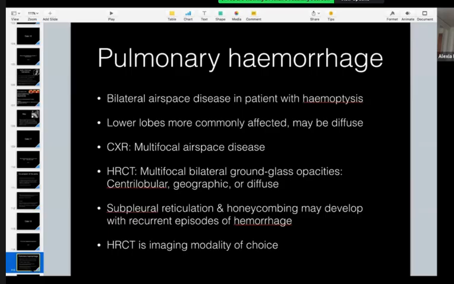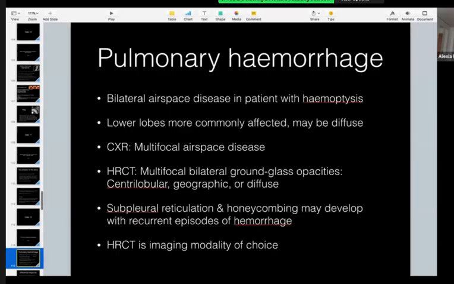The HRCT was also not very specific: multifocal bilateral ground glass, centrilobular, geographic and diffuse, with consolidations as well. She could develop subpleural reticulation and honeycombing if there is recurrent hemorrhage into the lung.